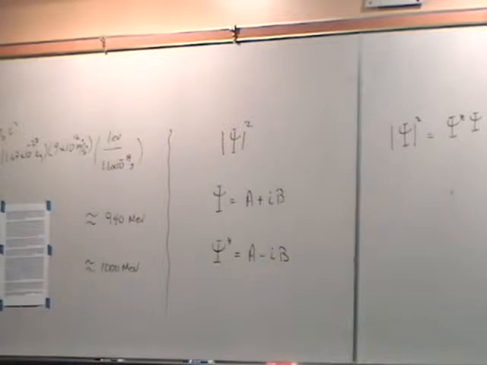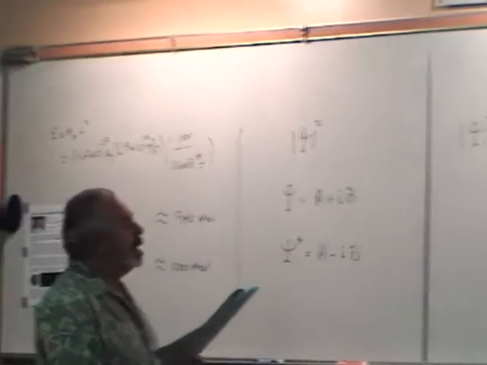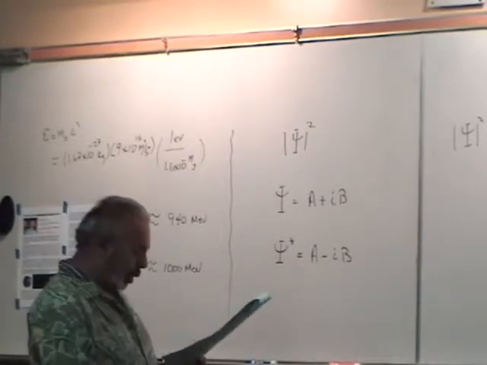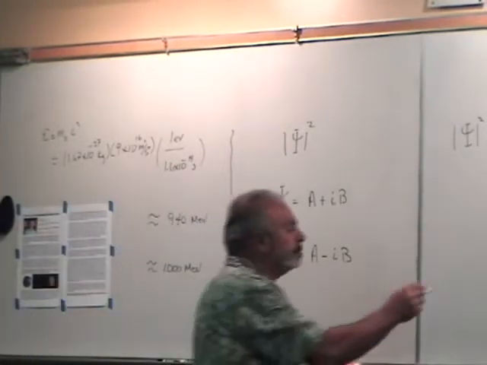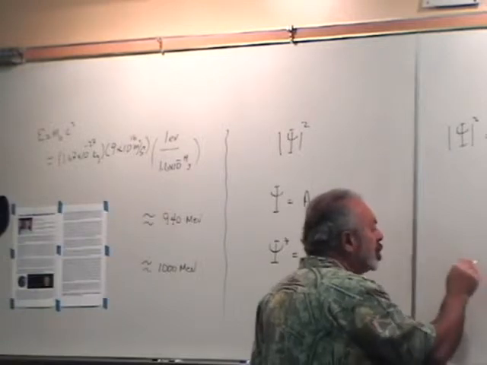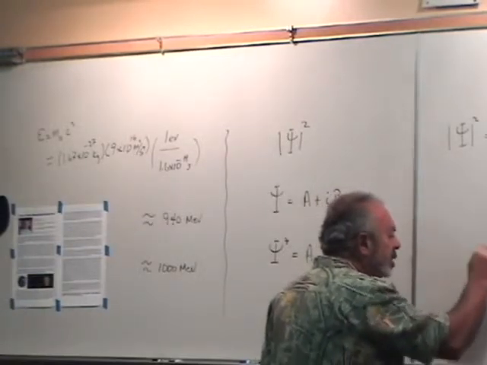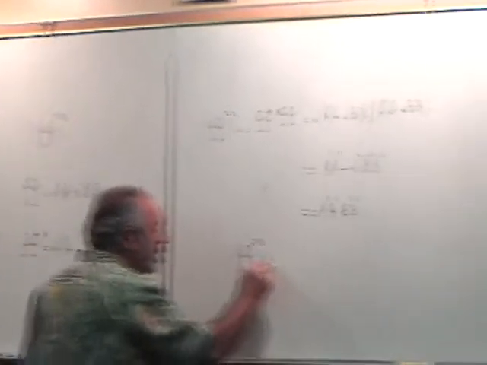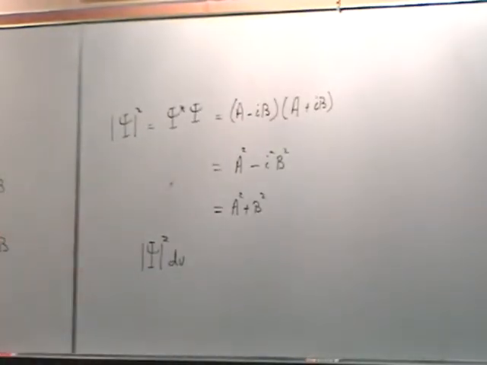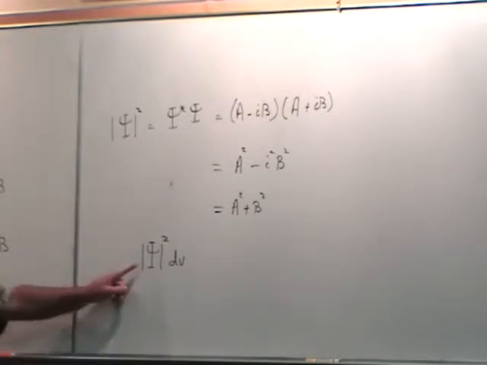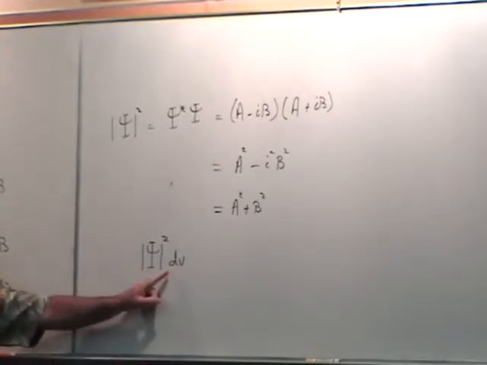Now, let's think a little bit more about something I said earlier, and try to interpret it. What does this mean? Well, let's start with psi squared dV. That's the probability of a particle within this differential volume.